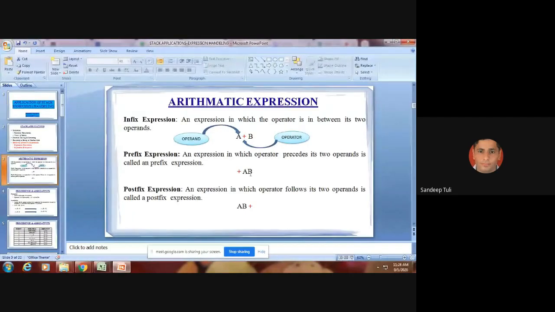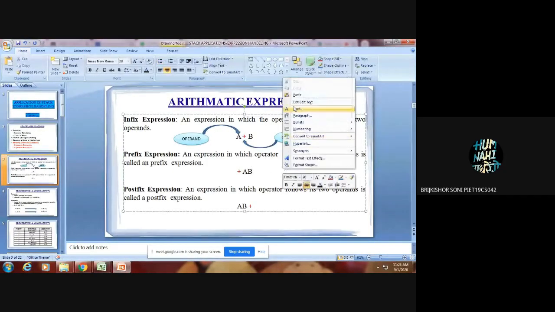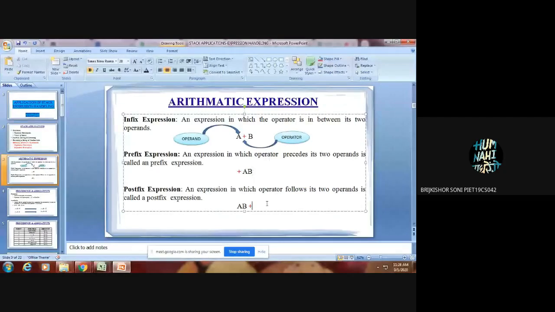Suppose we are talking about 5 plus 6, or I am writing plus 5 6, or I am writing 5 6 plus. All are the same.